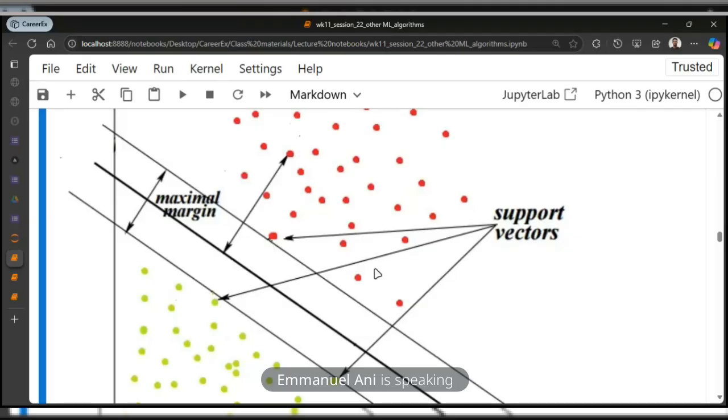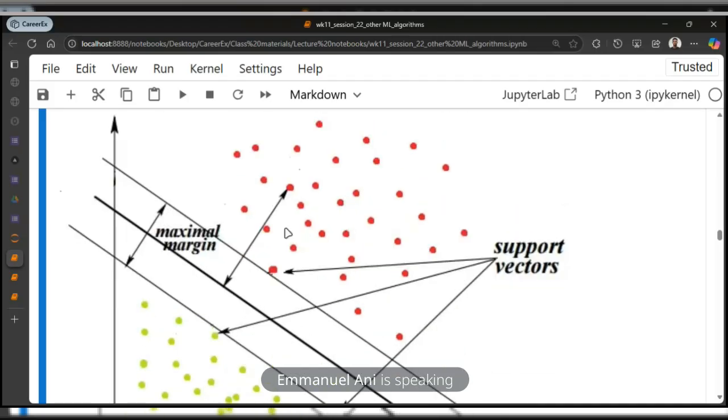But there are some classification problems that you can't easily separate with a straight line, right? The classes are not linearly separable. So for example, in this case, when you represent the data points in a feature space, some set of them will be on one side, and that is a very easy classification task to do.